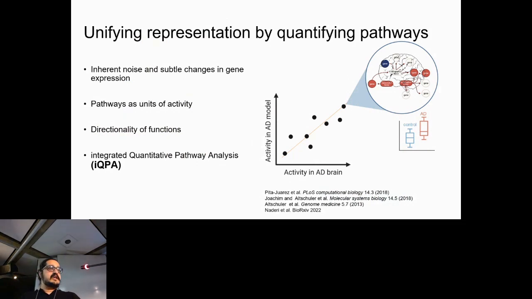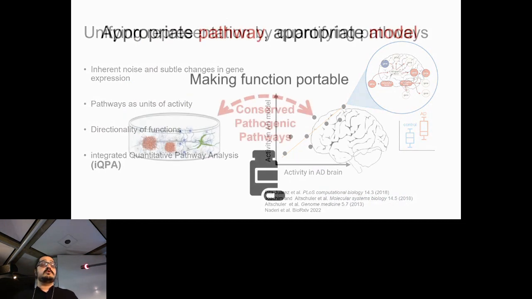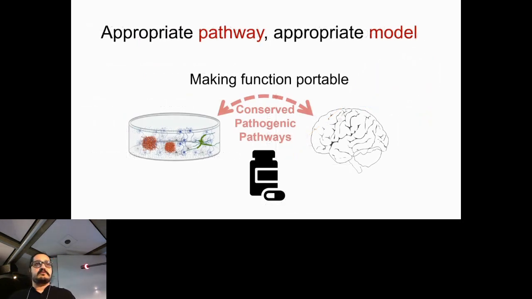So today I will present integrated quantitative pathway analysis, or IQPA, which is a framework to unify representation by quantifying pathways. Essentially, IQPA will determine the appropriate pathway in an appropriate model to target as a therapeutic candidate.